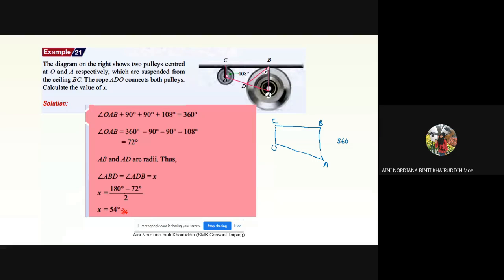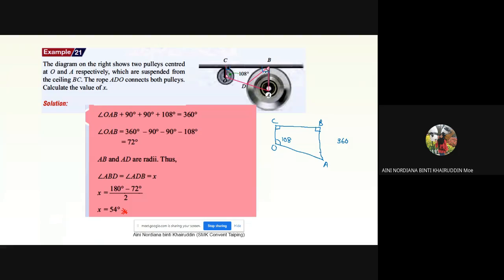Okay. The angle here is 90 degrees because CO is a radius and CB is a tangent. This you have also learned. If there is a circle, center, point of tangency, so the angle here is 90 degrees. So here 90 degrees, so here also 90 degrees. Here is 108 given in the diagram.